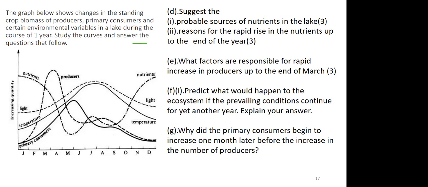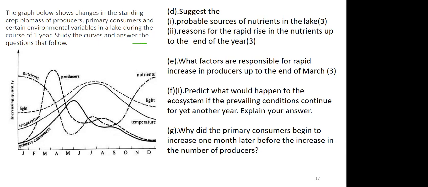The answer is correct, but we need to fine tune it. We say an increase in light intensity results in an increase in the rate of photosynthesis, which results in an increase in the number of producers. Are we together? Then you say increase in temperature, don't say presence of temperature.